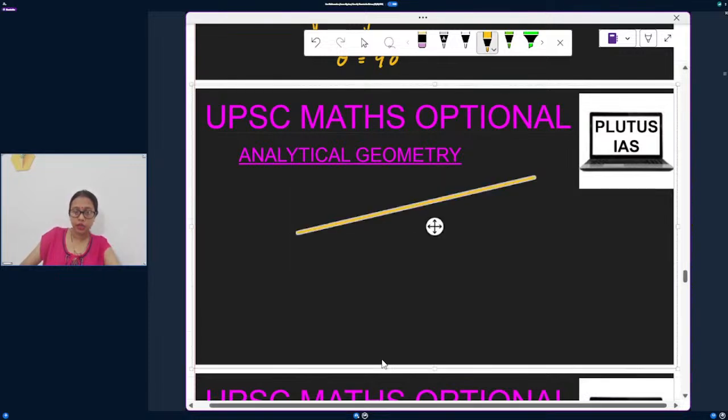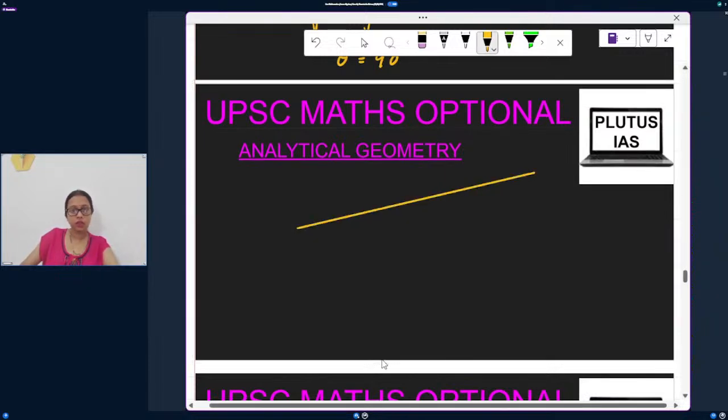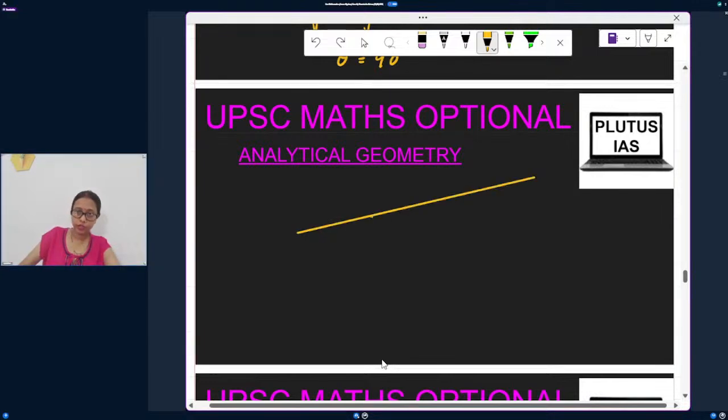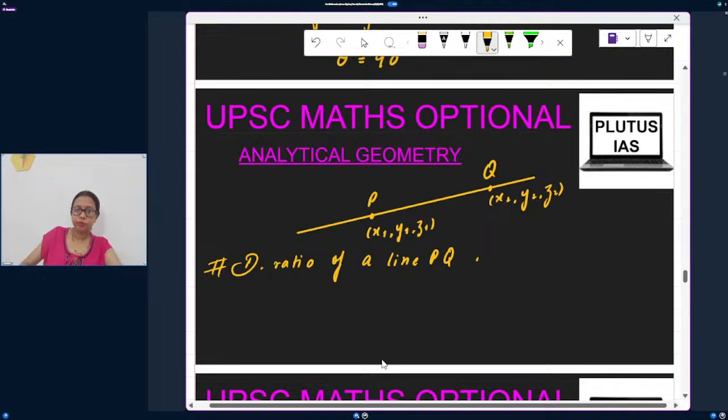There is a line and you are provided with 2 points on it, X1, Y1, Z1 and X2, Y2, Z2. Then simple, how can you find the direction ratio? The direction ratio of line PQ is simply x2 minus x1, y2 minus y1, and z2 minus z1.